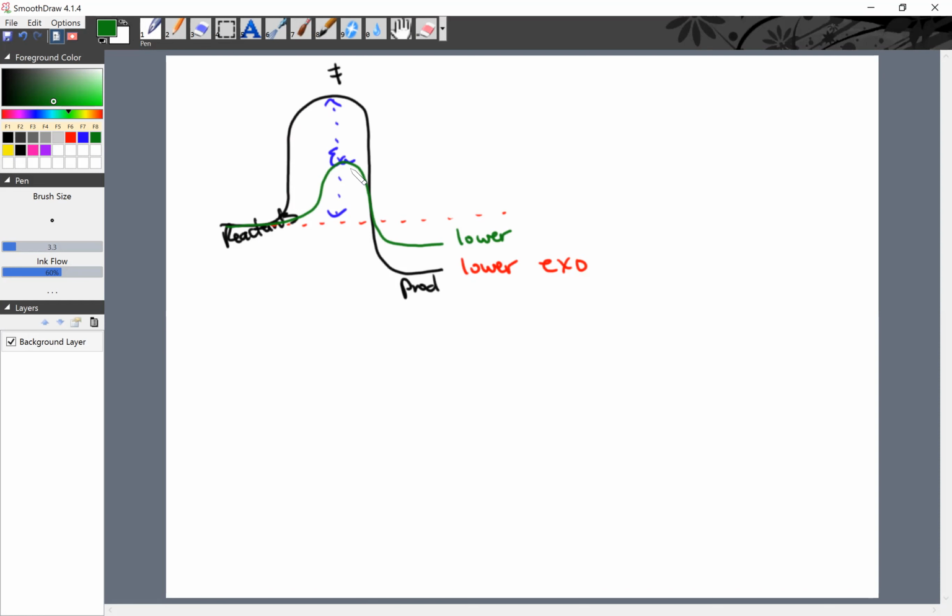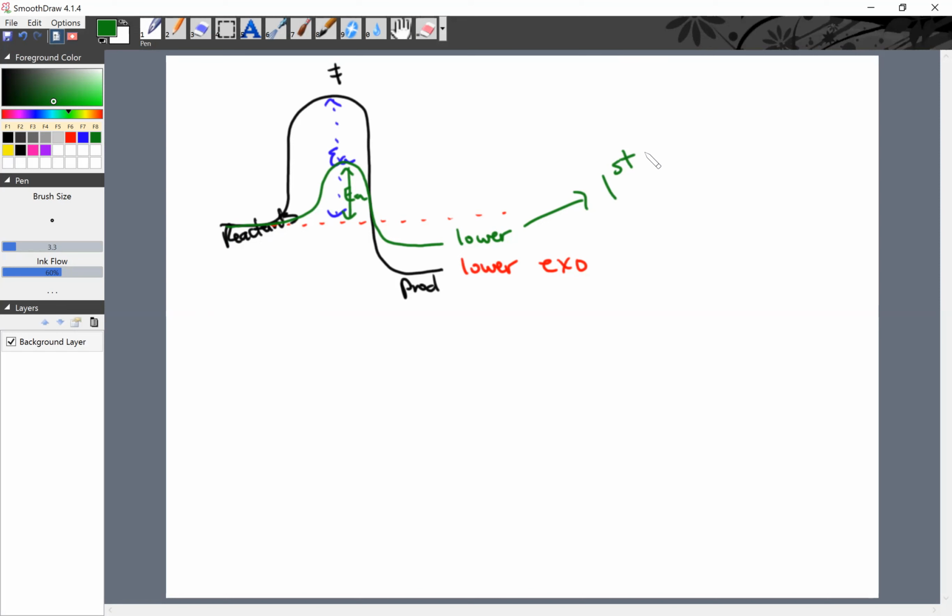But what's the difference? It has a smaller activation energy. So even though the product ended up higher, it still has a lower activation energy. So this one will still form first because it's faster. Okay, it takes less activation energy.